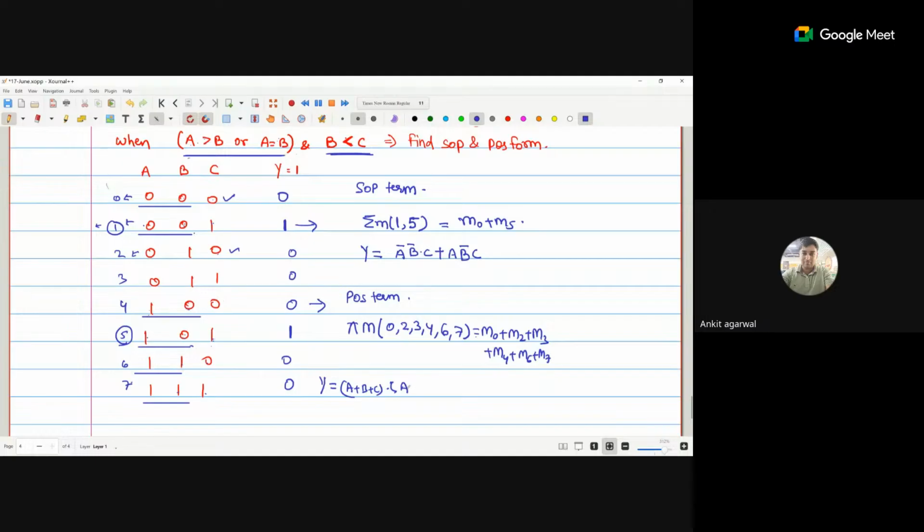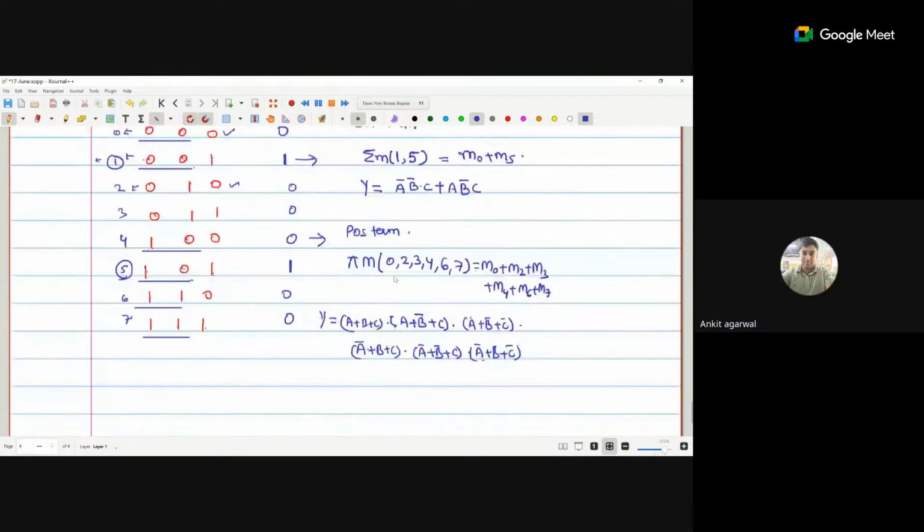For the third term, a is 0, b is 1, c, sorry, dot, a plus b bar plus c bar dot, a bar plus b plus c dot, a bar plus b bar plus c dot, a bar plus b bar plus c bar. Okay.